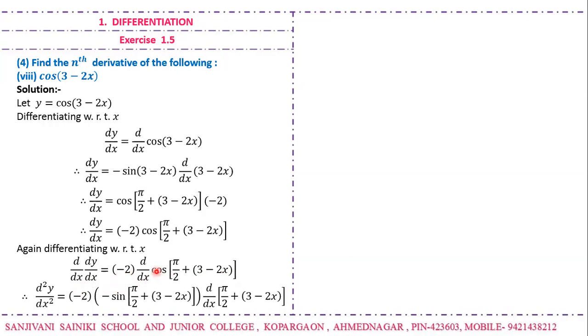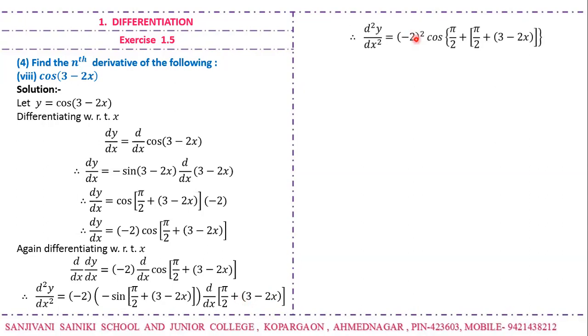Now the derivative of cos theta is minus sin theta into d by dx of that theta, which is pi by 2 plus 3 minus 2x. Now pi by 2 is a constant, 3 is also constant, both will have derivative 0. So the derivative of minus 2 into x: again minus 2 is a constant and the derivative of x is 1. So here the derivative is minus 2.